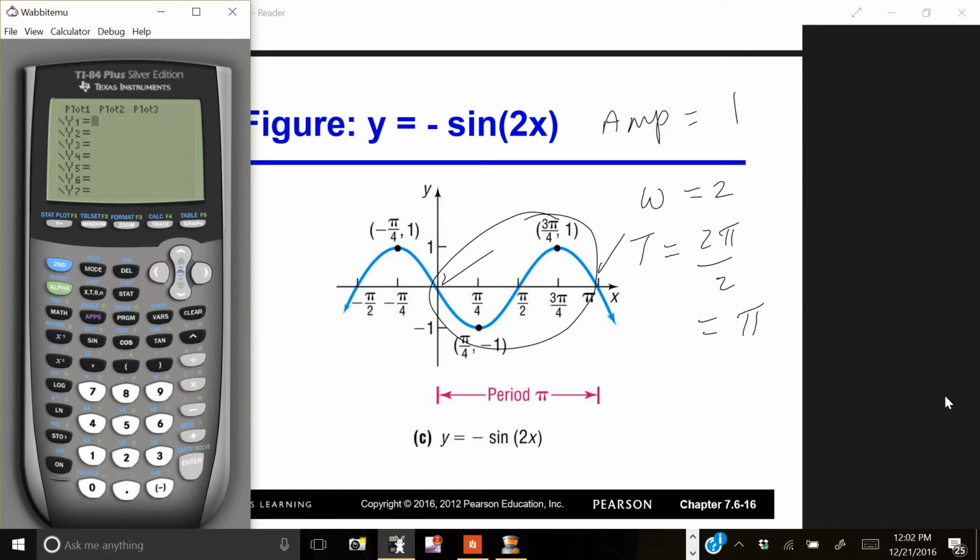And I want to put in our calculator y equals minus sine of 2x. And since the period is pi, if we want to show 2 of the periods, we'll go minus pi to plus pi.